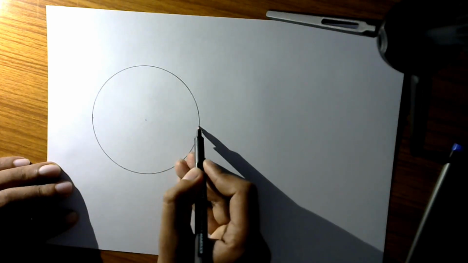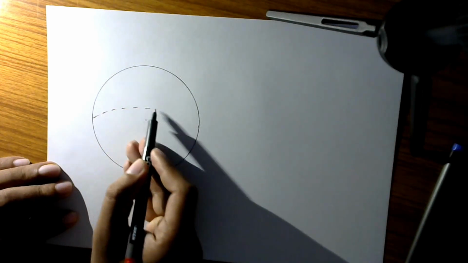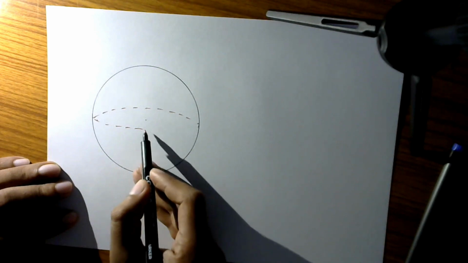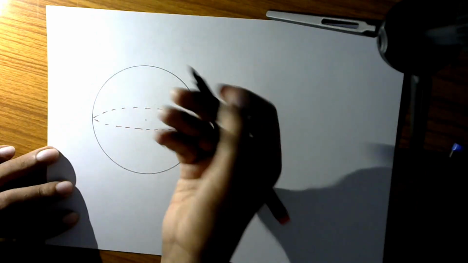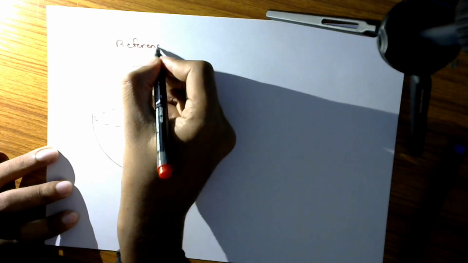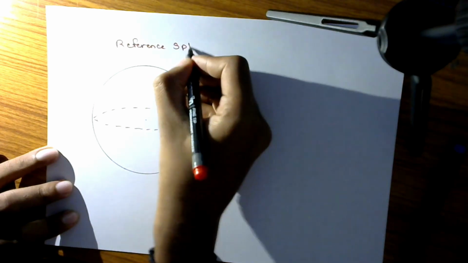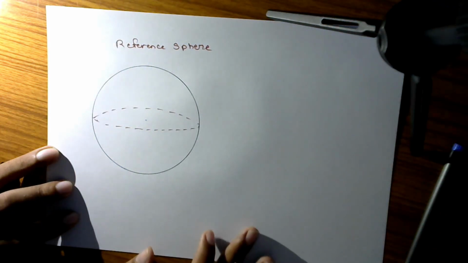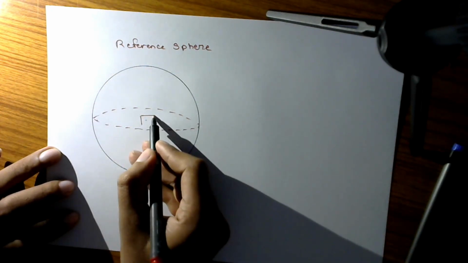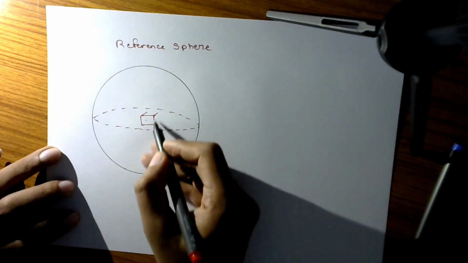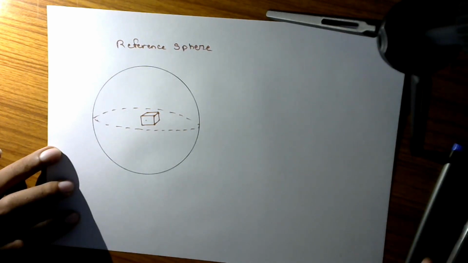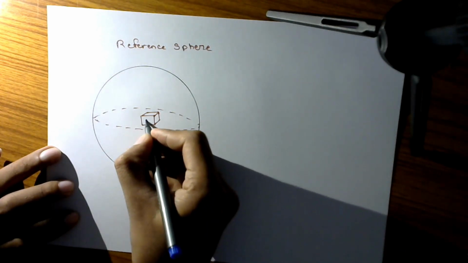This particular sphere which we have drawn is known as the reference sphere. Now, what I will do is put one crystal over here at the center of this sphere, and again at the center, I will put one light source.